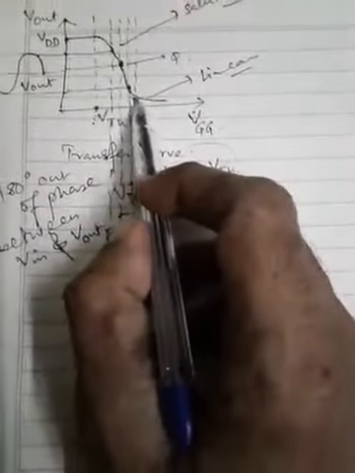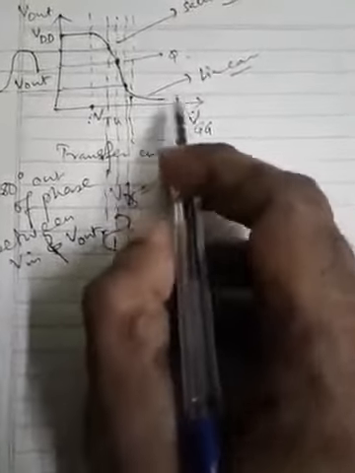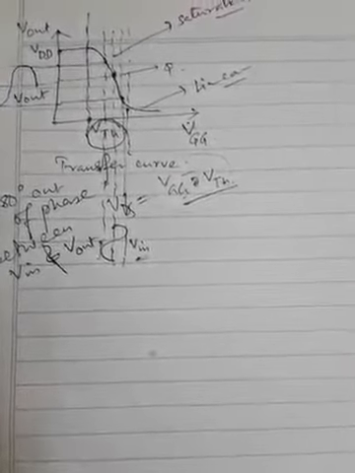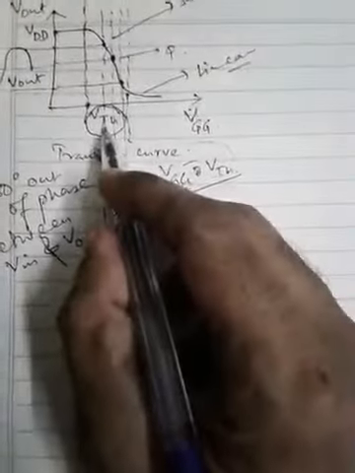So the curve is getting flatter here. And one region I have not mentioned is the region left to this vertical line equal to the voltage value V threshold, this VTH. The right region is saturation region and the left region is cutoff region.